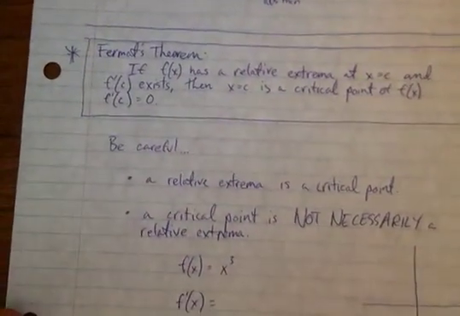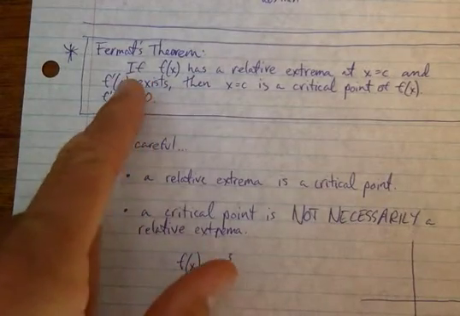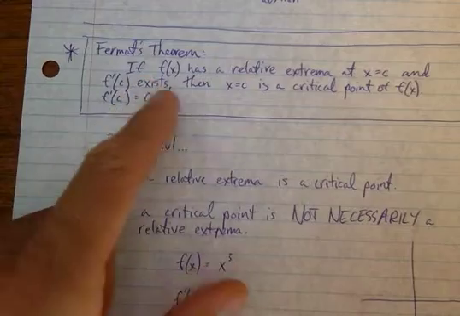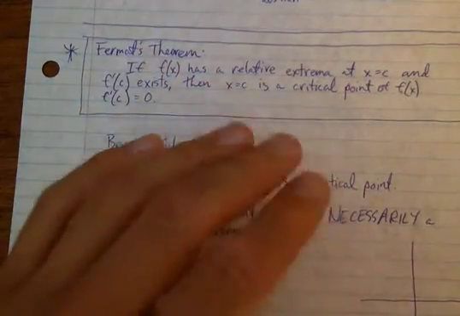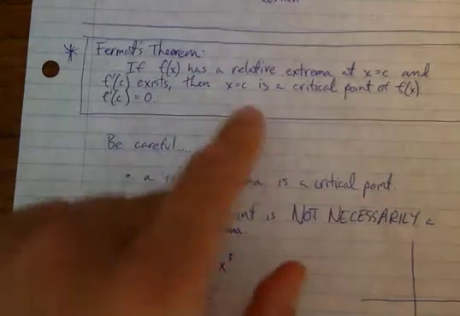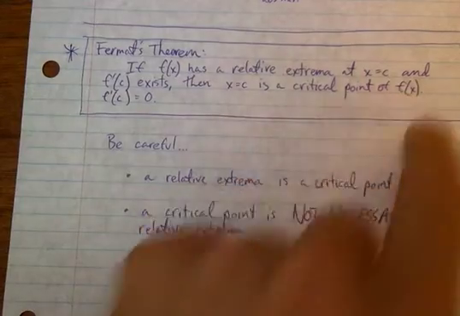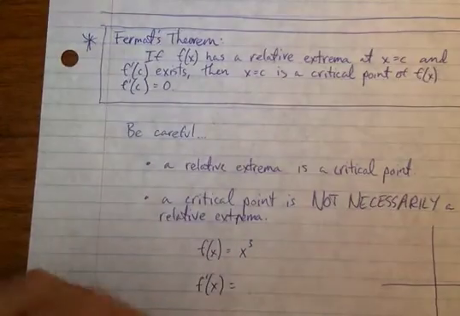Okay, so this is what I'm going to leave you with. Fermat's theorem. Fermat, I assume. I don't know if he's French. If f of x has a relative extrema at x equals c, and f prime of c exists, then x equals c is a critical point of f of x. F prime of c equals 0.